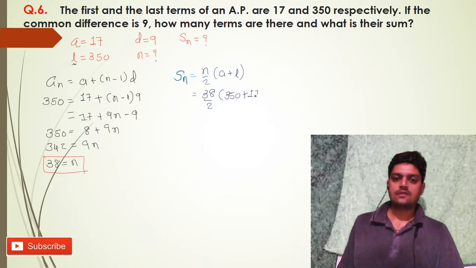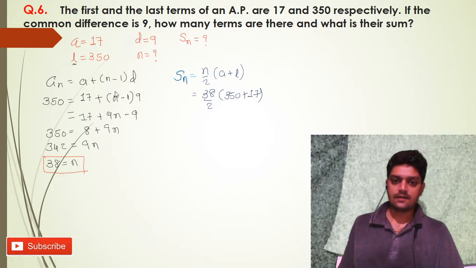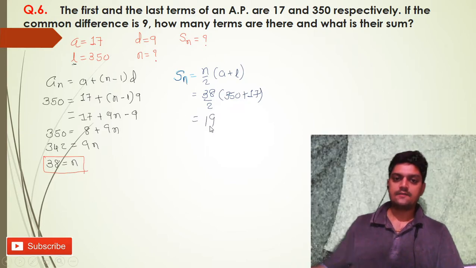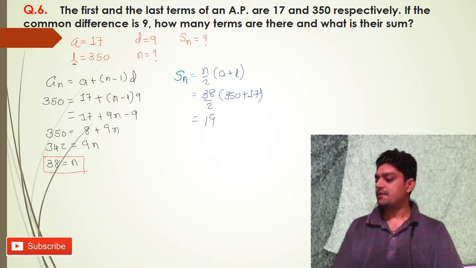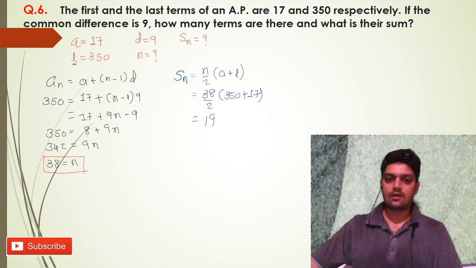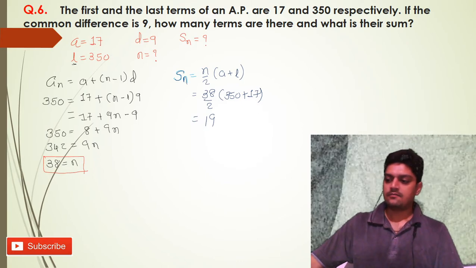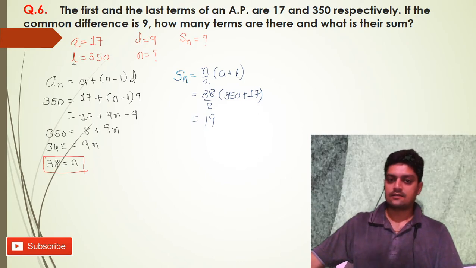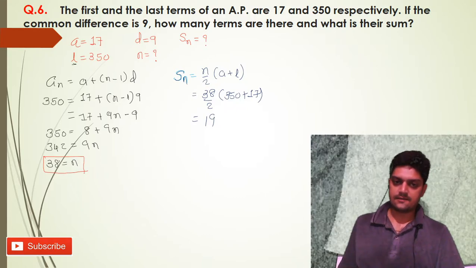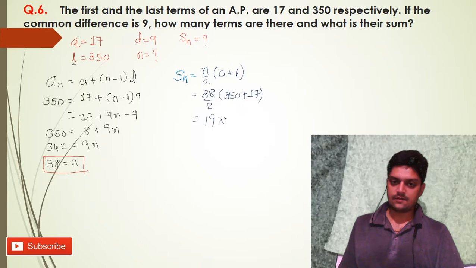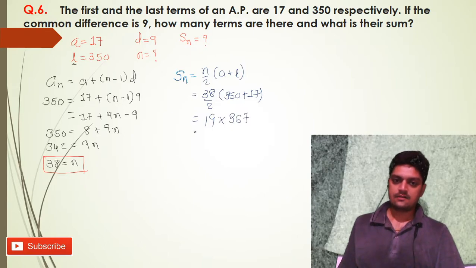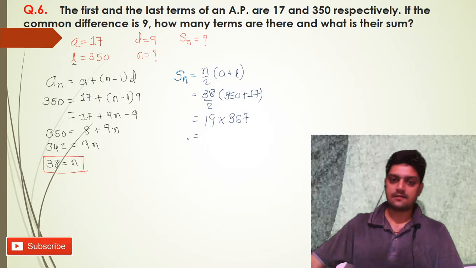So now 38 by 2 is 19, and 17 plus 350 is 367. So here we should write 367. Okay, so 367 into 19.